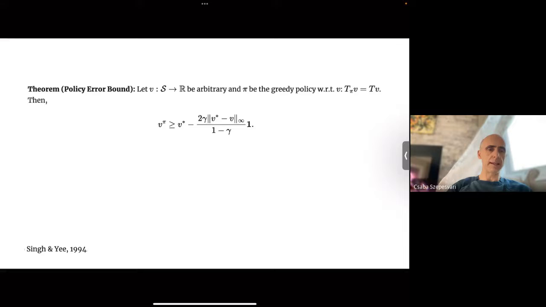So here V star is the optimal value function, V is this function that you got. And this is sort of a continuity result, the way I like to look at it, or it's just one-sided, but it's sort of a sensitivity result, if you wish.